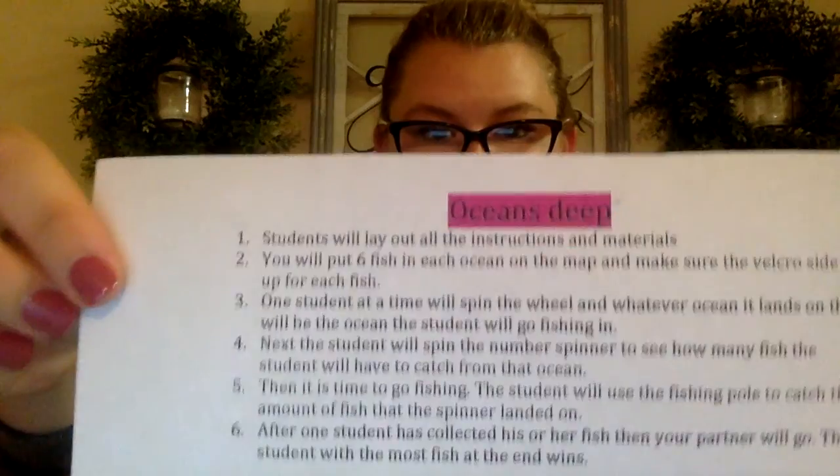Then moving on to day 4, we focus in on the oceans that surround the continents. For our ocean game, here are the directions. They're going to have 6 fish in each ocean, so 6 fish in the Arctic, Atlantic, Pacific, Indian, and so forth.